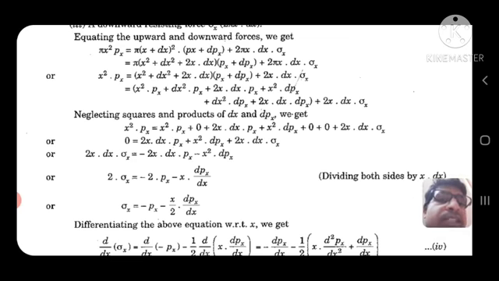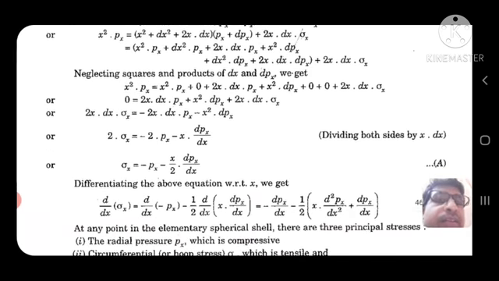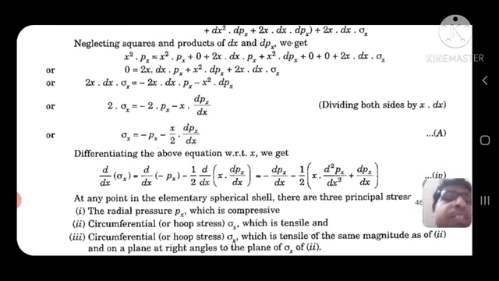Neglecting squares and products of dx and dpx, we get x square px equal to x square px plus 0 plus 2x dx px plus x square dpx plus 2x dx sigma x. So 0 equals 2x dx px plus x square dpx plus 2x dx sigma x.